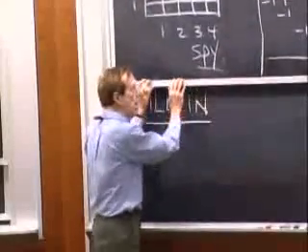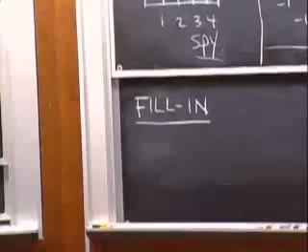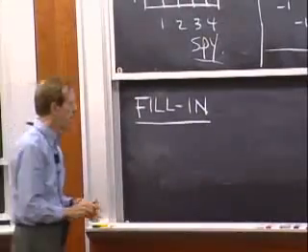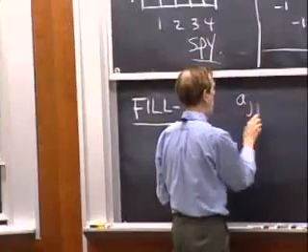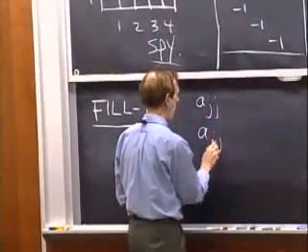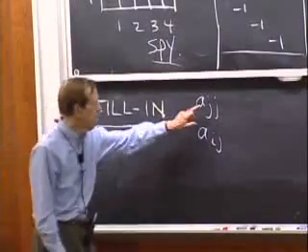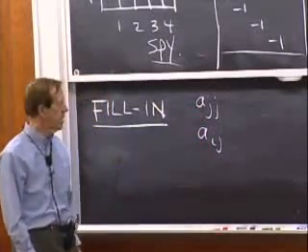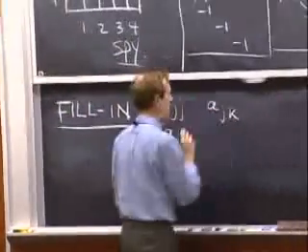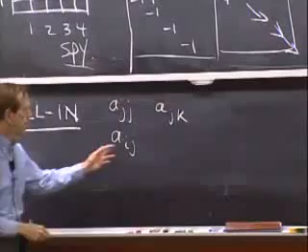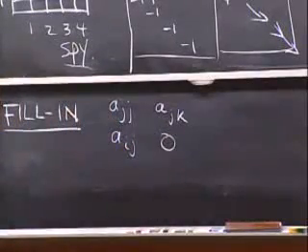So let me look even more at this fill-in. Just now, you saw it happen up there. Let me just look at a single fill-in step. So I have a row J and a row I. And this is going to be the pivot that I'll use to eliminate this. But in this row, there's another non-zero. And in this row, the entry in column K is 0.